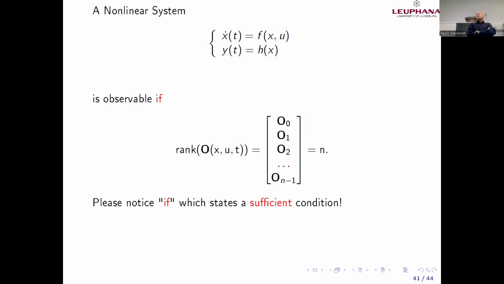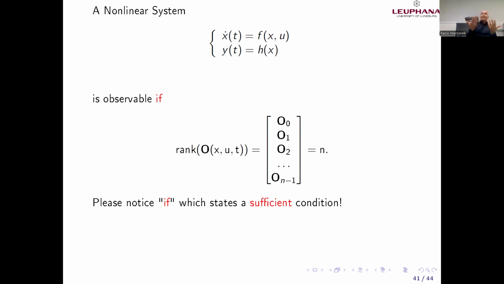Why is this typical? Because the necessity tells us when a system is not observable. The sufficient condition is more conservative, of course.